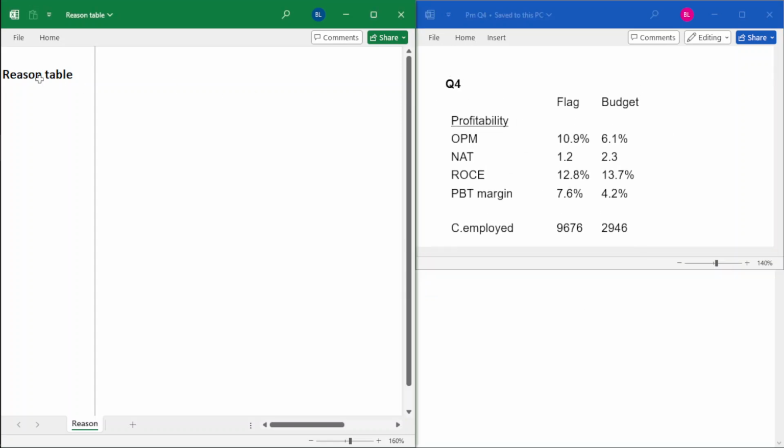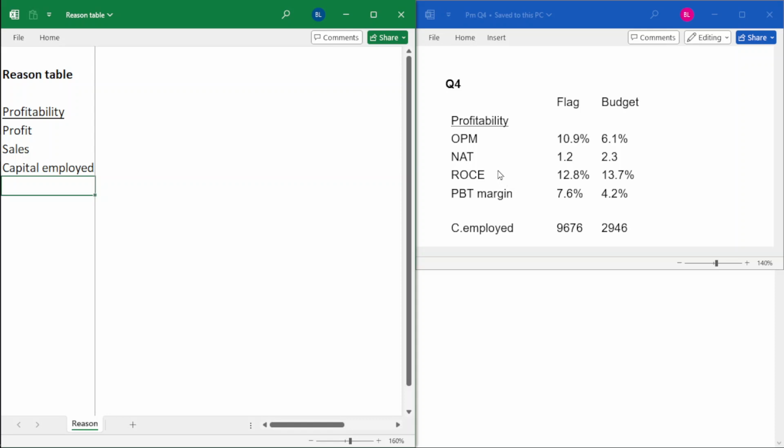For question 4, for the reason table, let's say this one is profitability. So OPM stands for operating profit, so it's profit over sales. NAT is sales over capital employed.